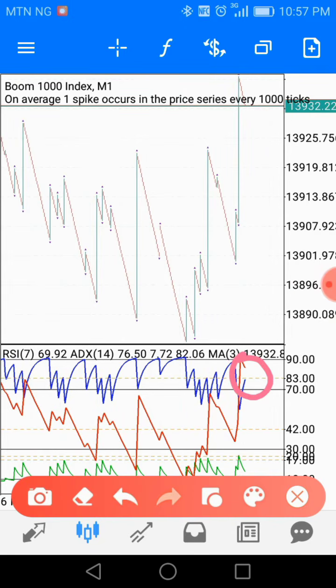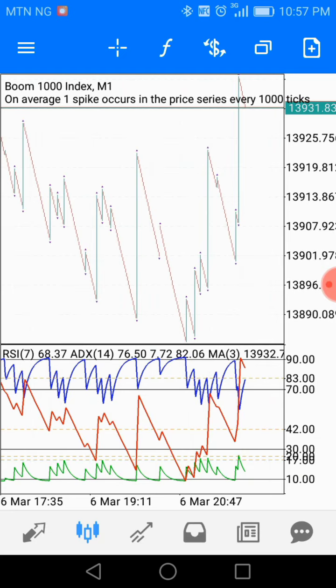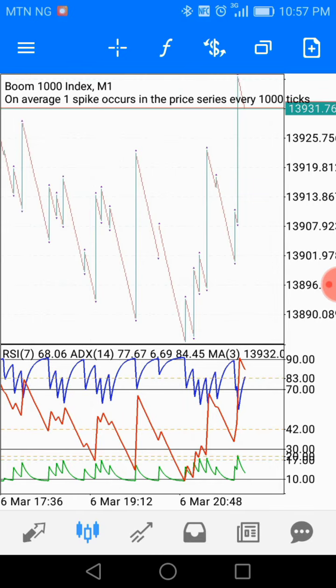Once there is an obvious crossing whereby the red moving average and the blue line of the average directional movement cross, and the red moving average is cutting the blue line downwards, then we are going to execute our trade after 2 to 3 candles, and then we are taking 10 candles, counting from the crossing.